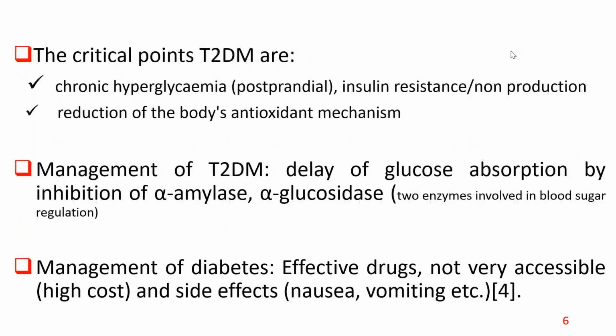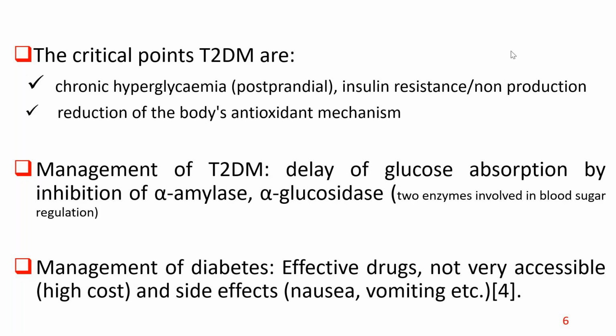We can note that two critical points have been identified in the development of this disease. They are chronic hyperglycemia and reduction of the body's antioxidant mechanism. So the treatment of this disease should take into account the mechanism involved in the regulation of hyperglycemia through inhibition of alpha amylase and alpha glucosidase, two enzymes involved in blood sugar regulation.